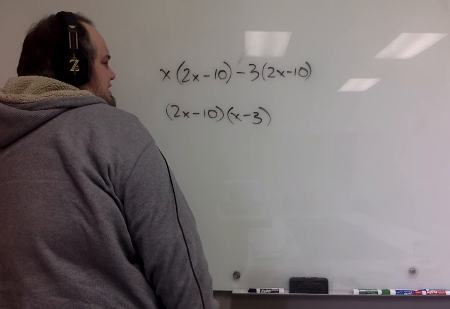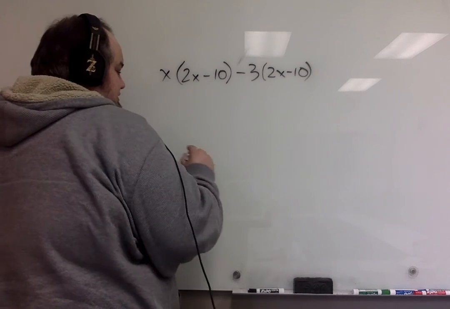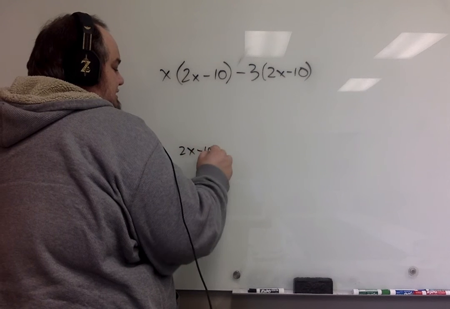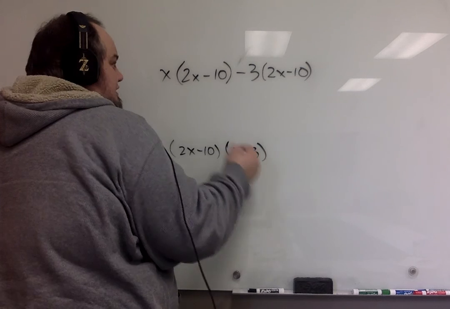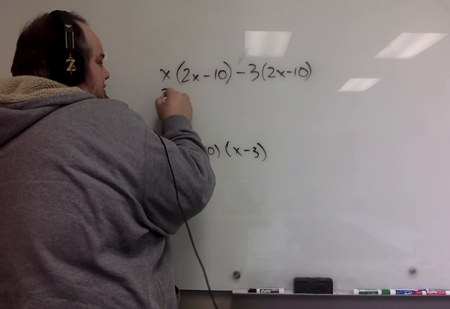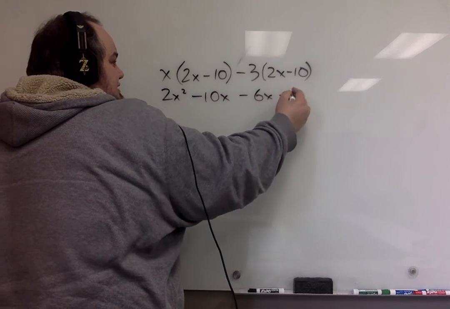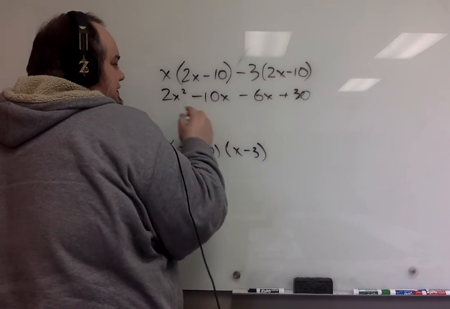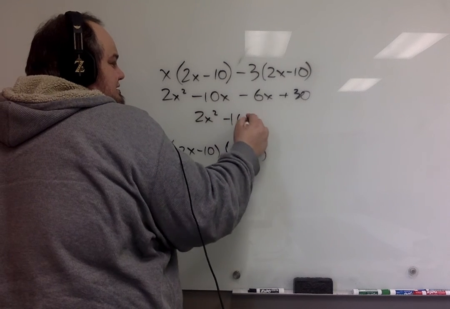Let's prove that this is actually the same thing. Right? I'm going to move this down a little bit. We said our answer was 2x minus 10 times x minus 3. So let's multiply this out with the distributive property. We get 2x squared minus 10x minus 6x plus 30. Combine these like terms, we get 2x squared minus 16x plus 30.